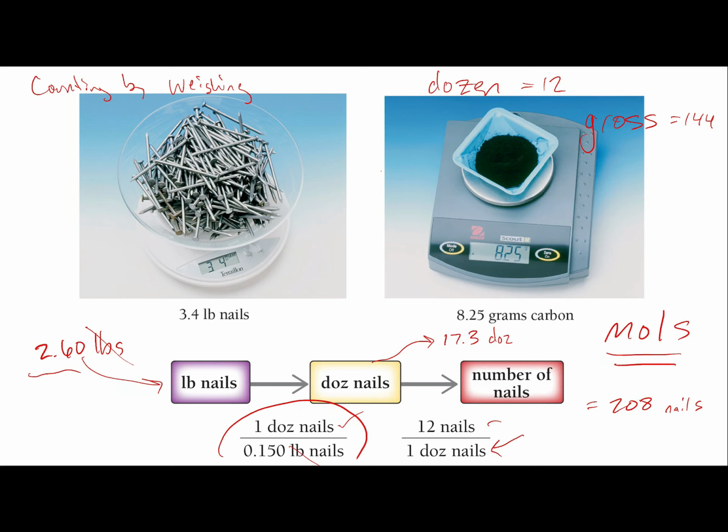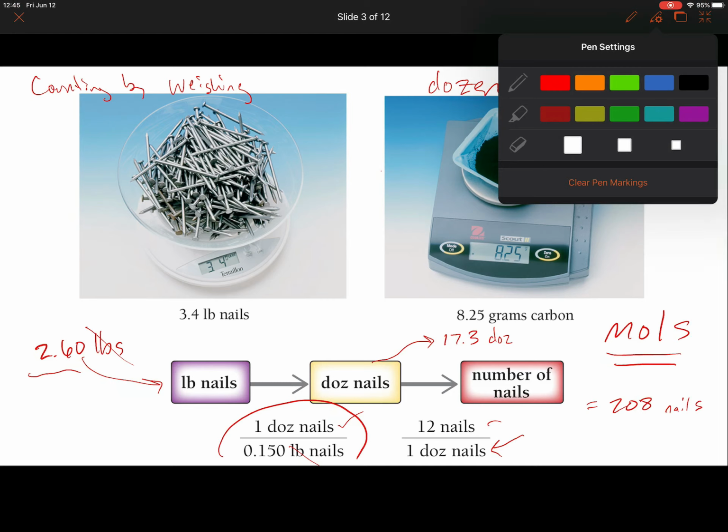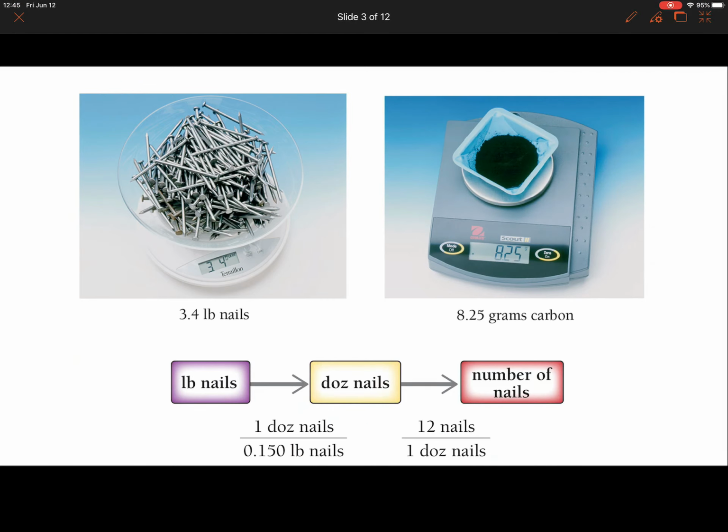To show you how this is going to deviate when we talk about atoms, we're most likely going to use grams, but if we were given pounds, we could go into that. I don't know if you know that there are 16 ounces in a pound, and there are 28, give or take, grams in an ounce.